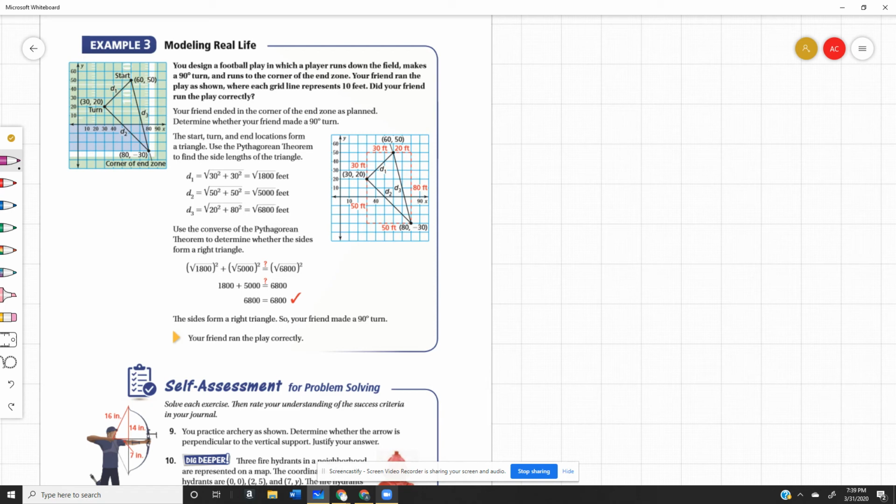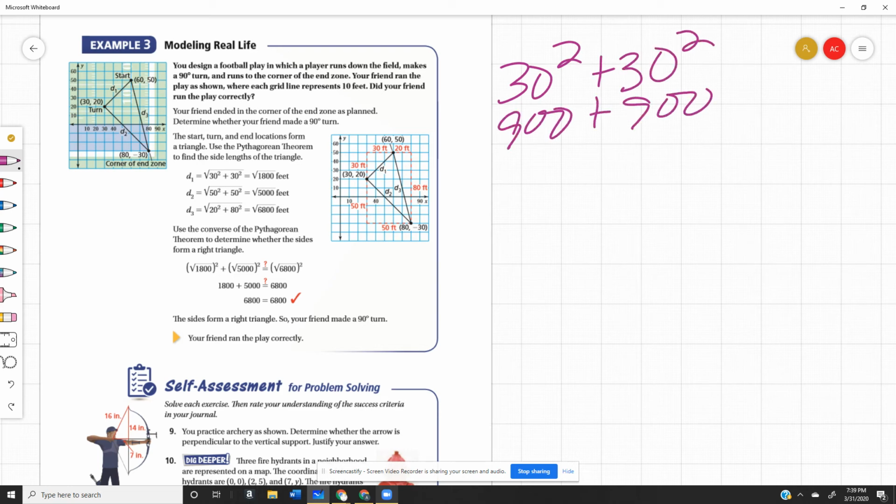So 30 squared plus 30 squared is 900 plus 900, which equals 1800. We would square root that to find this distance right here, okay? And then when we look here, we need to find this distance.